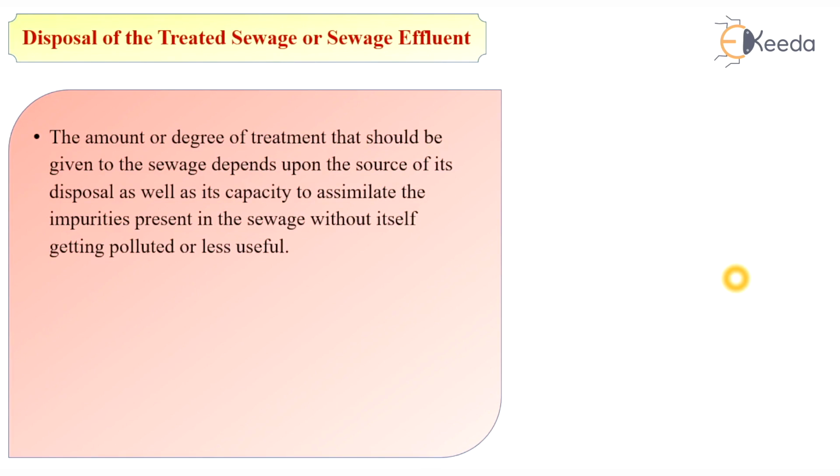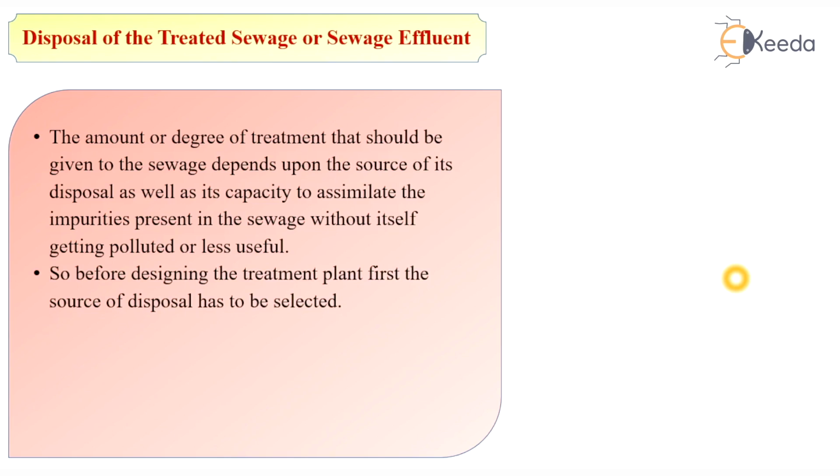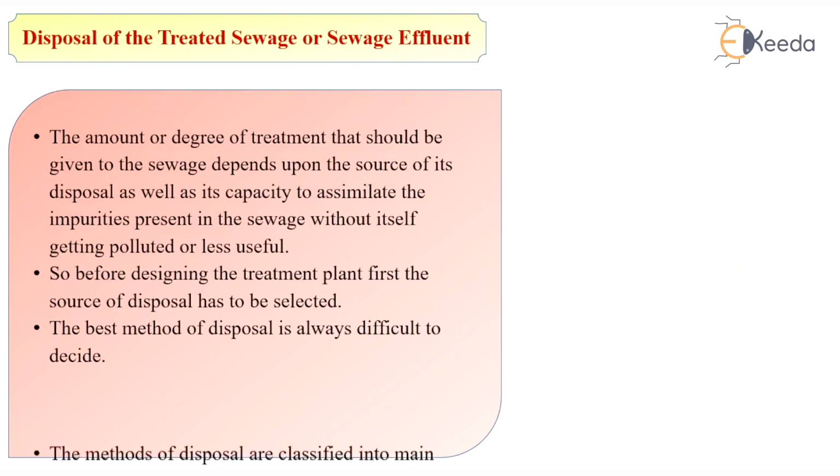The degree of treatment that should be given to the sewage depends upon the source of its disposal as well as its capacity to assimilate the impurities present in the sewage without itself getting polluted or less useful. So before designing the treatment plant, first the source of disposal has to be selected. The best method of disposal is always difficult to decide.